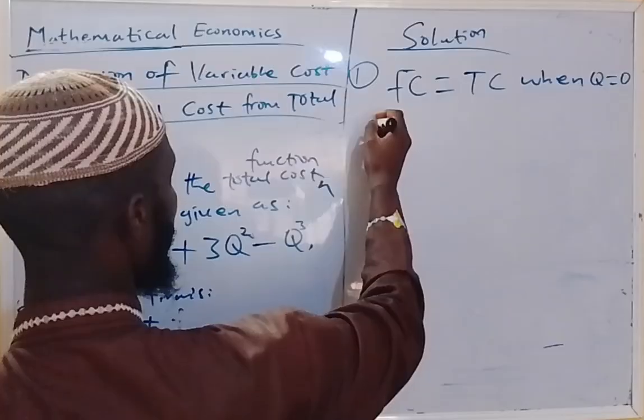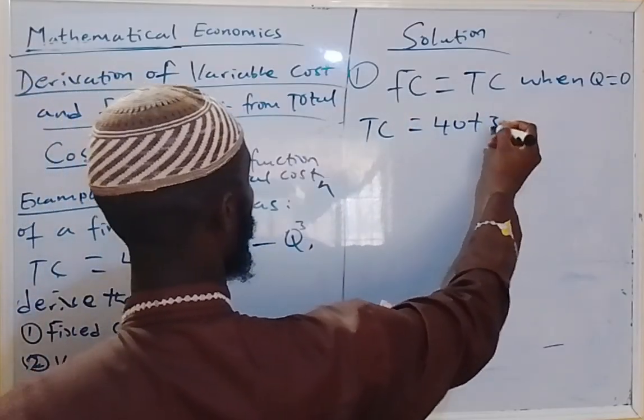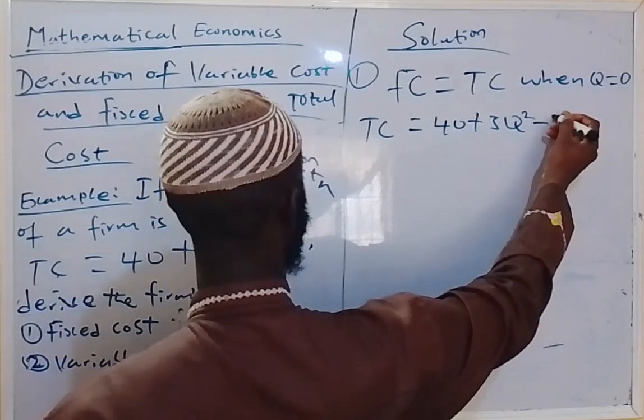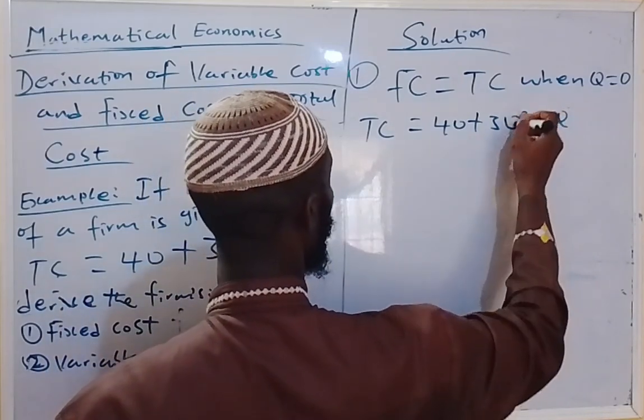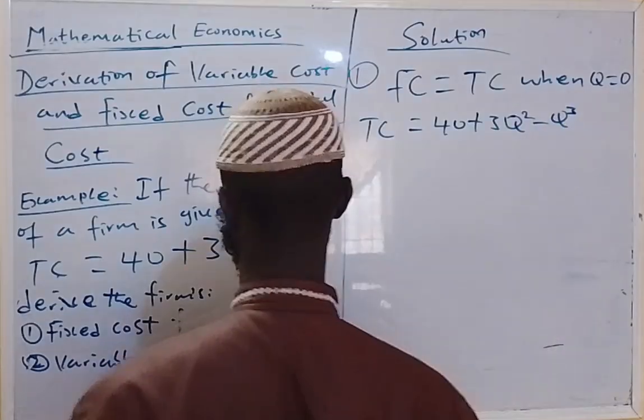So in other words, you recall that the total cost function here is 40 plus 3Q raised to power 2, minus Q raised to power 3.